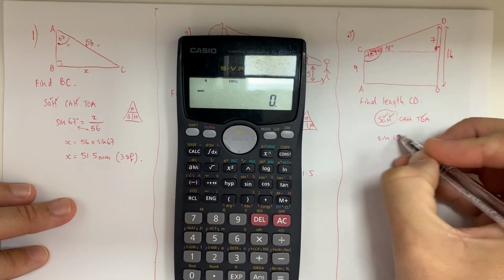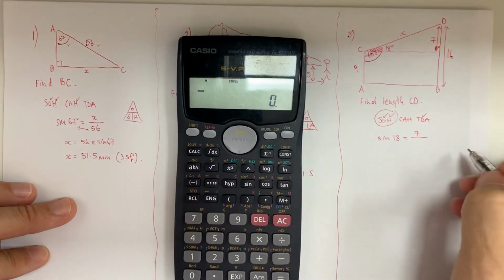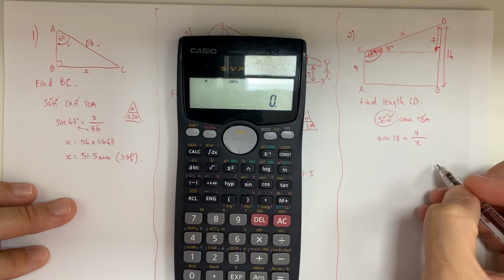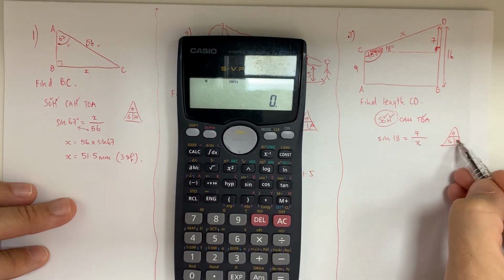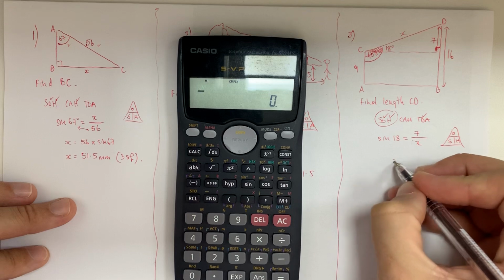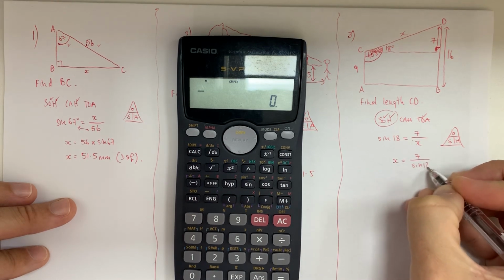So sine 18 is equal to opposite 7. And again, I'm going to use x over x. Look at my little triangle. So what am I trying to find this time? I'm trying to find the hypotenuse. So it's opposite over sine. So x is equal to the opposite over sine 18.